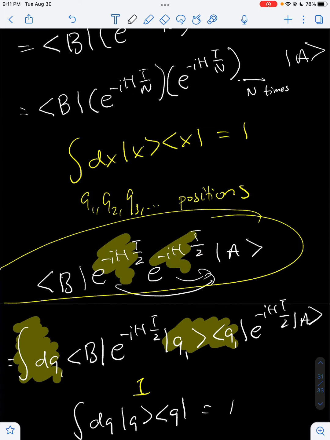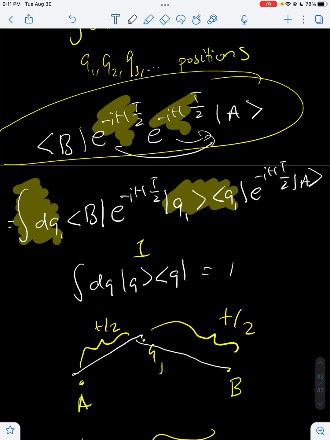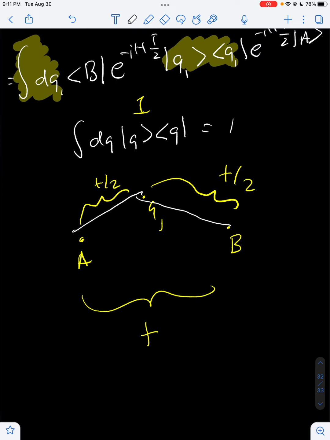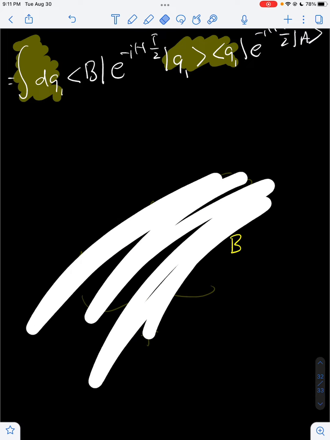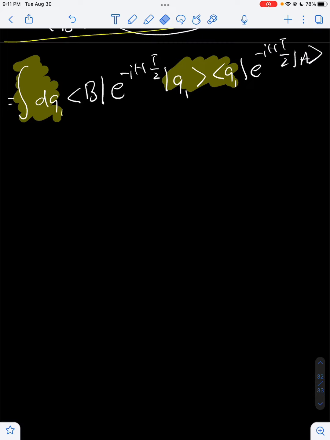So that's cool. Let's continue. Let's add more positions. We don't have to stop at Q1. Let's add Q2 in the mix, right?